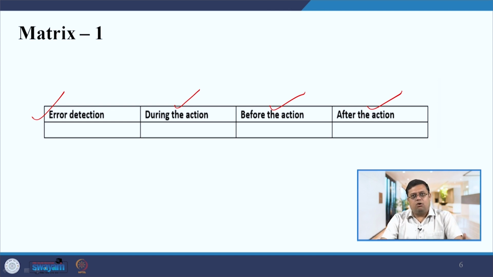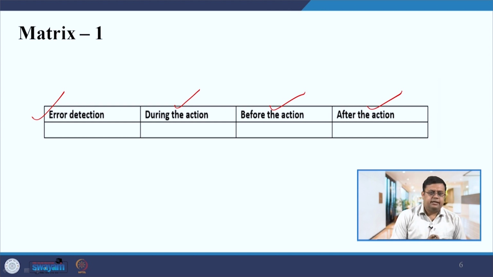This non-attainment of goal, the employee realizes when they are not able to achieve it during the action while that process is going on, or before the action, for example during the goal setting process, when employees are not comfortable but the supervisor keeps on putting pressure on them, saying no, you have to achieve this, right. So at that time it was identified, or after the action, when the year is over and we are discussing that particular plan.